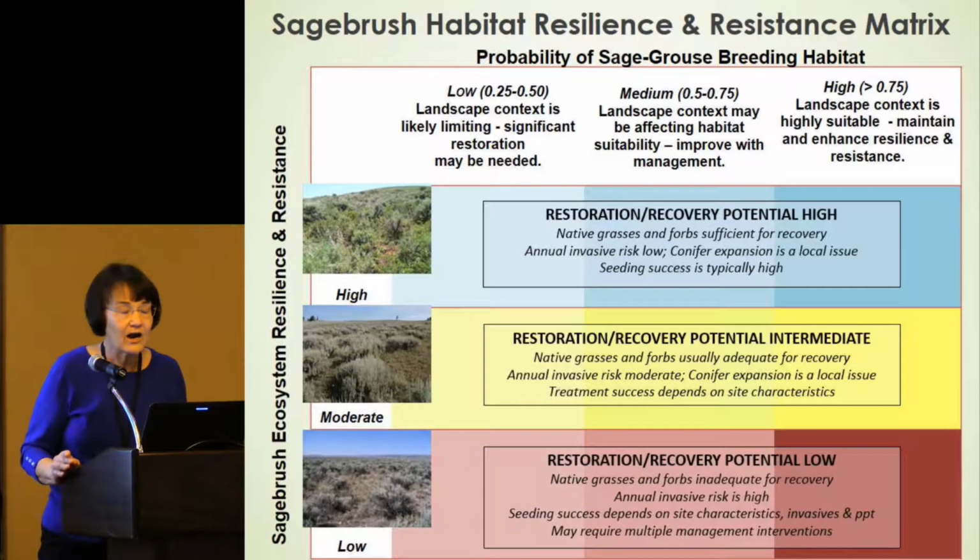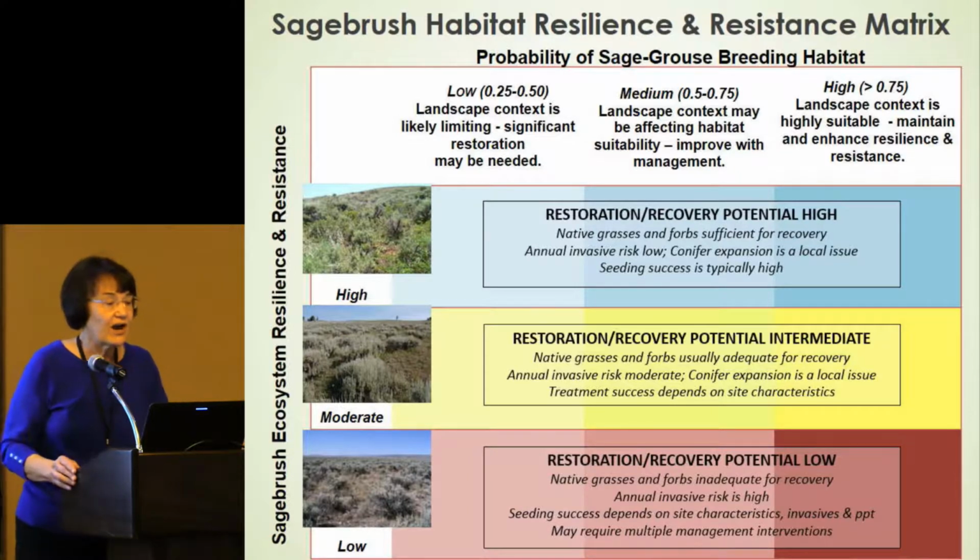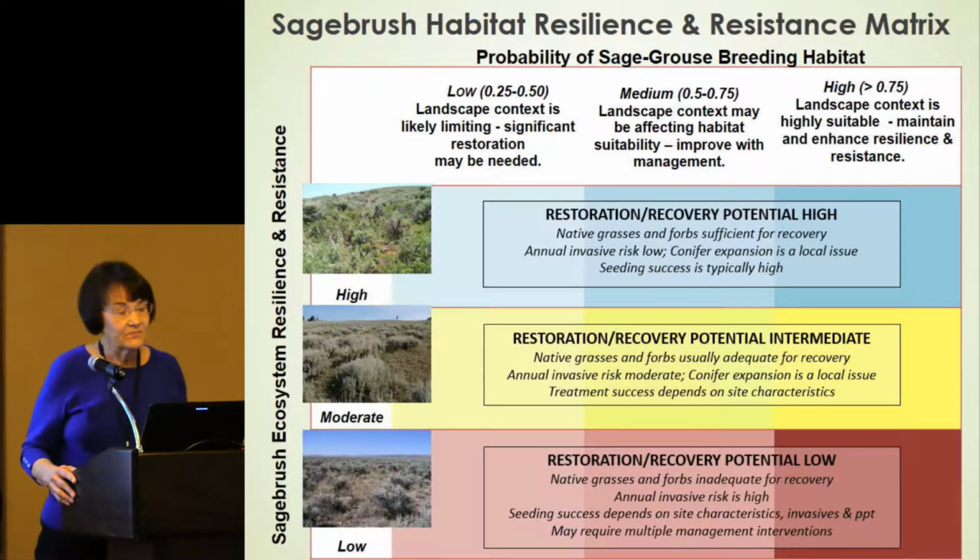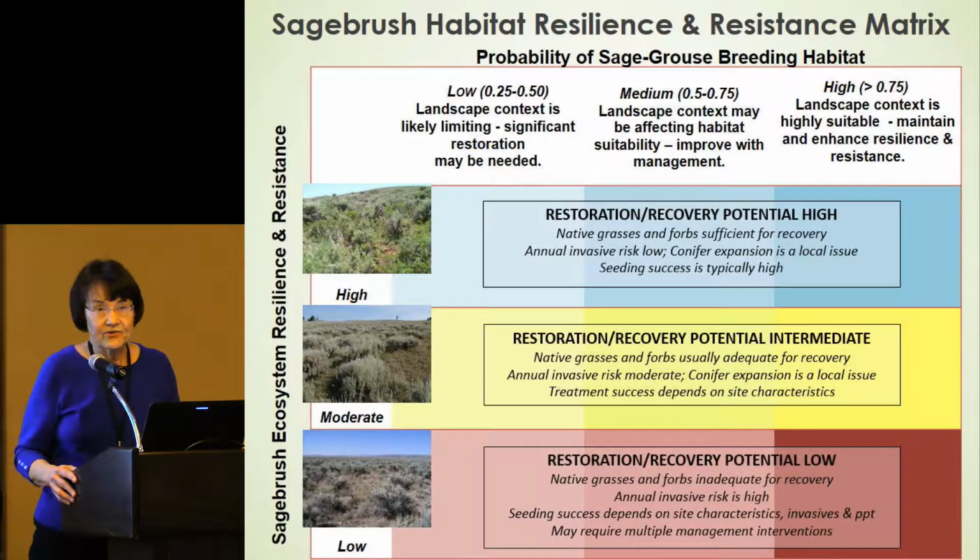Now we can combine our understanding of ecosystem resilience and resistance with our information on sage-grouse habitat in the sagebrush habitat resilience and resistance matrix. This matrix is one of the key components of the science framework.